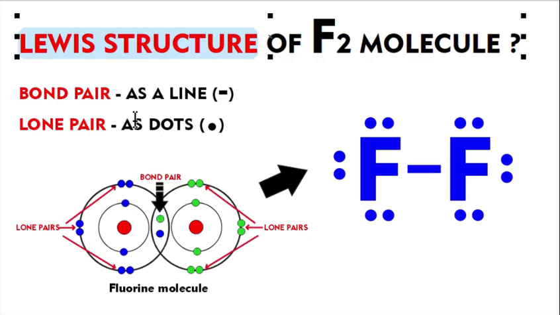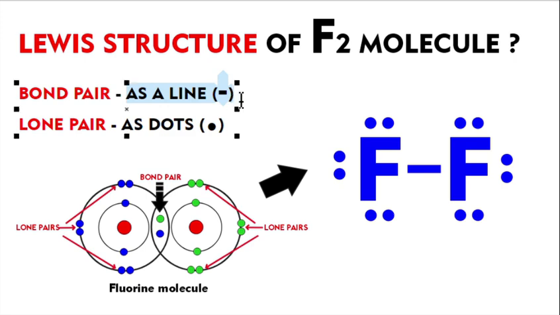In case of Lewis structure, this bond pair is represented as a line. මේ bond pair එක පෙන්නනවා line එකකින්. The lone pairs are represented as dots. මේ තියෙන අන්තිම lone pairs I explained, the outermost shell එකේ තියෙන, not participated to make the bonds, are the lone pairs.